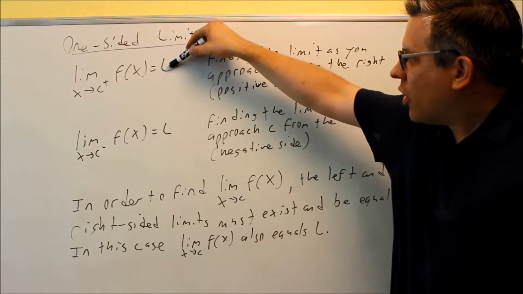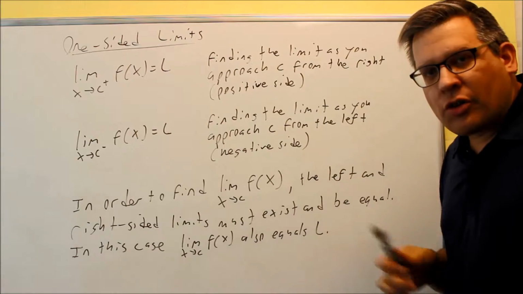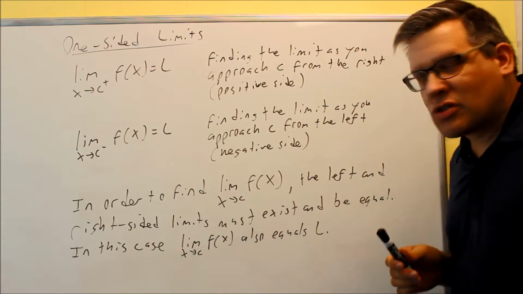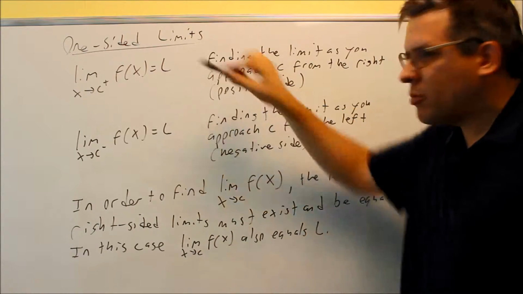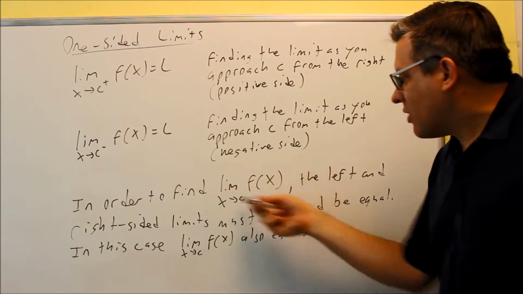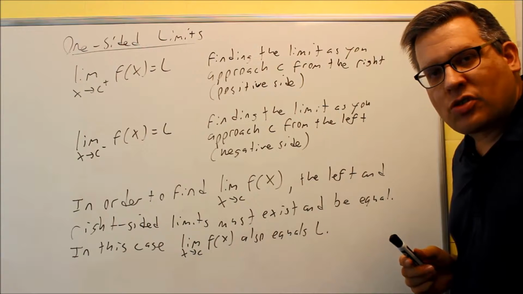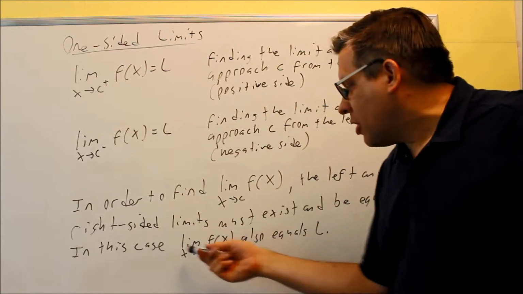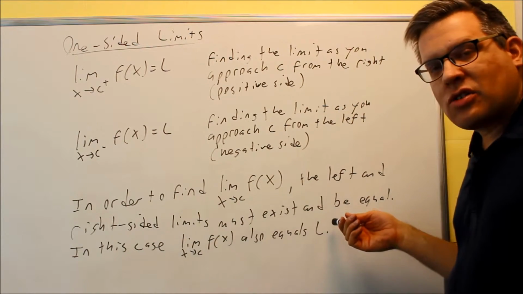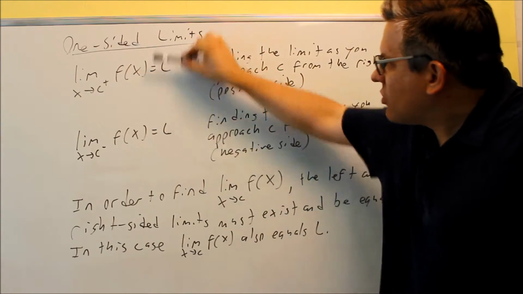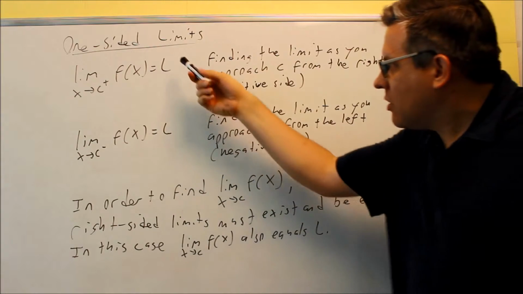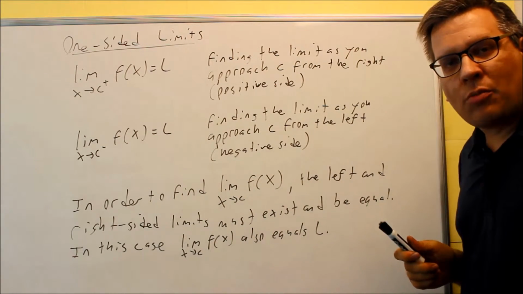If this goes to one number and this goes to a different number, then we can't say that this one exists. Both of these have to go to the same number, so in this case both of them go to L. That means the limit as x approaches c of f of x also has to equal L. Again, it only exists if these two limits exist and they both approach the same number.